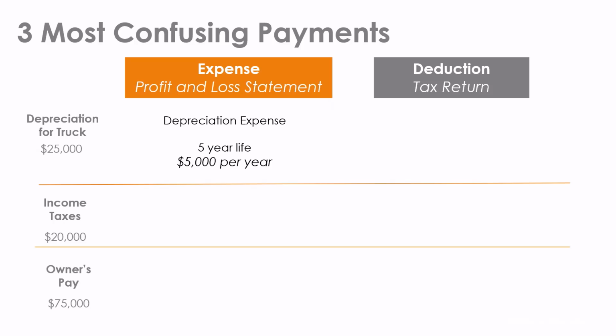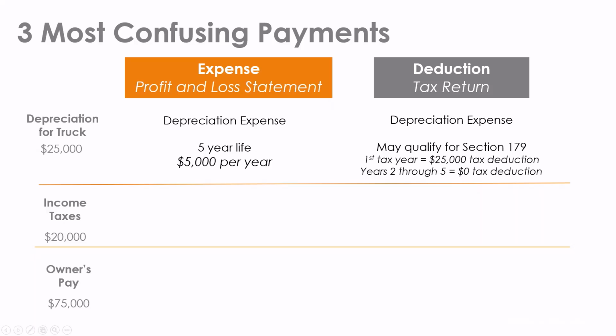The depreciation expense reduces your bottom line and reduces your net profit. For tax purposes, you may qualify for Section 179, where you're able to claim the full $25,000 in the first year. So the depreciation tax deduction reduces taxable income by $25,000 in the first year, and there is zero tax deduction for this asset during the remaining years.